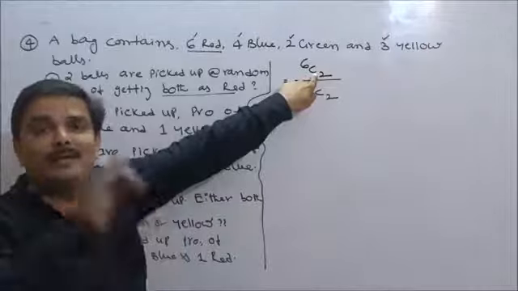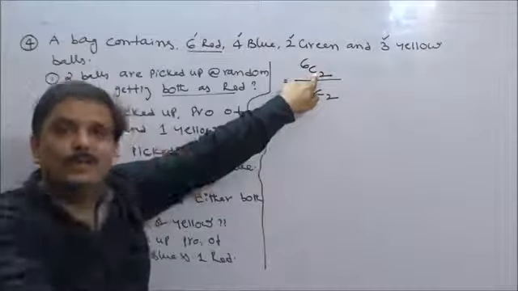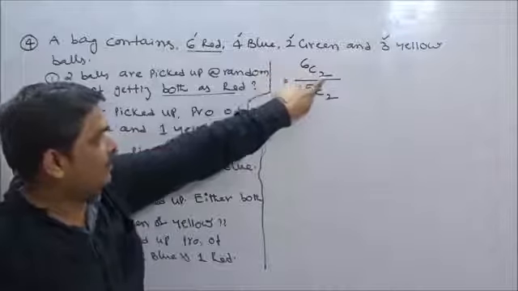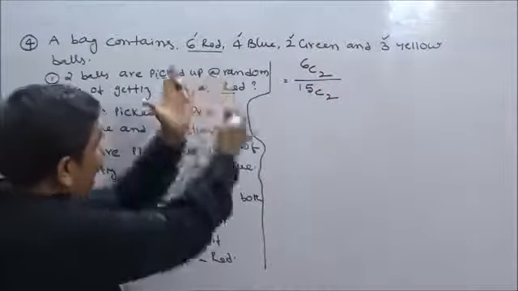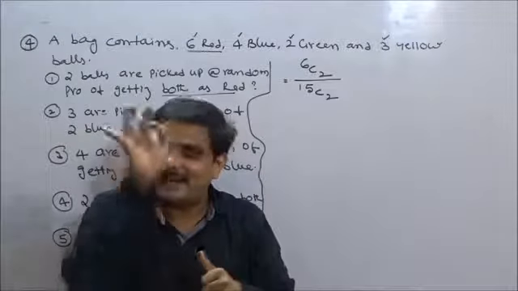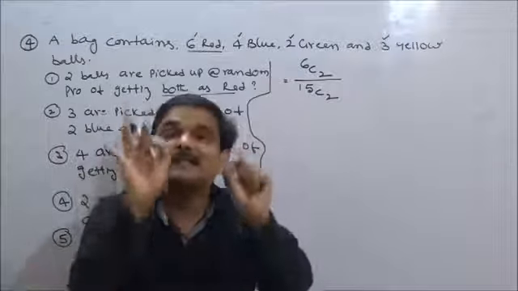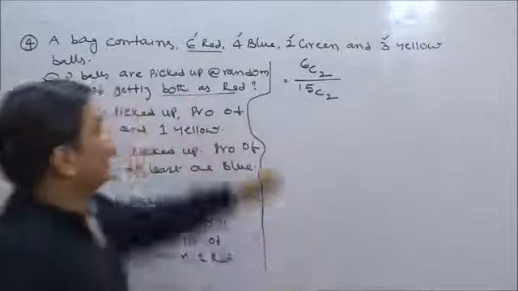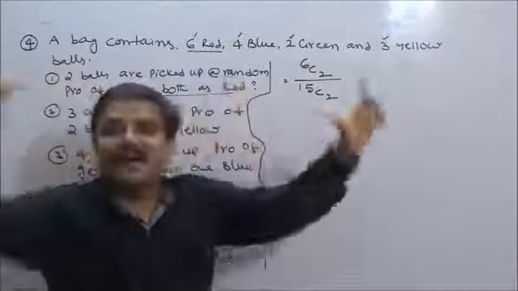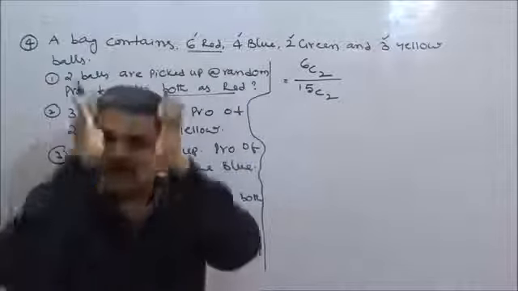What is the probability of both to be red? That should be 6 combination 2. I don't know, internally from these 6, which 2. For that reason, here it should be selection. Alright, so here 6C2 divided by, I don't know what are the balls, means for the sample space.